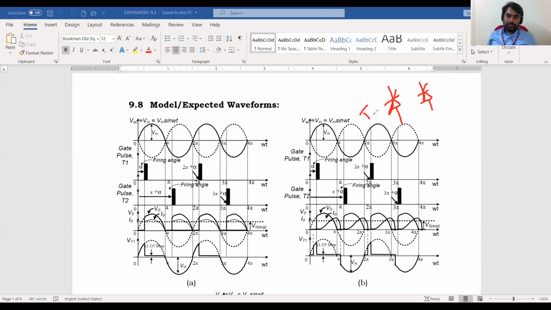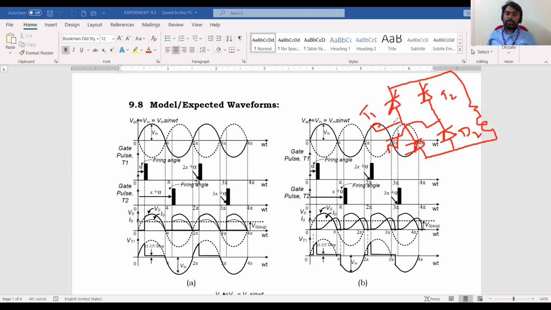So this is T1, T2, D2, and D1. Here it is connected to positive, it is connected to neutral point. And now the resistive, inductive load is connected across the bridge, like this.